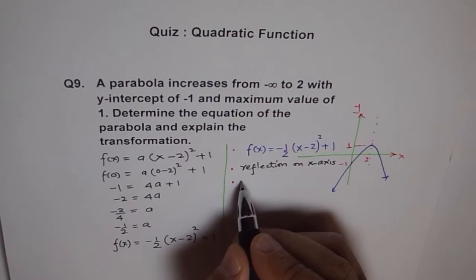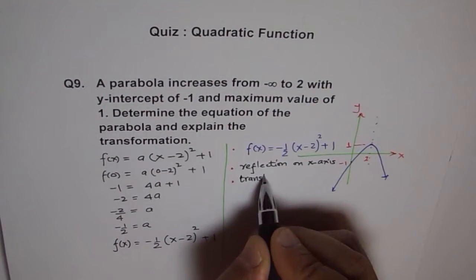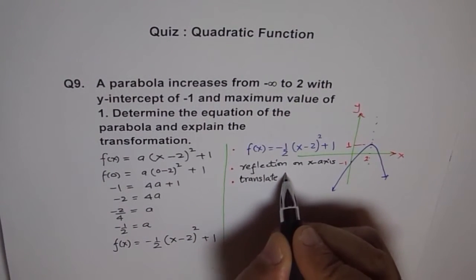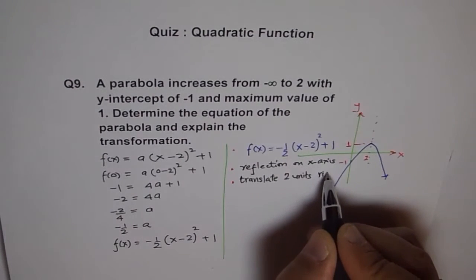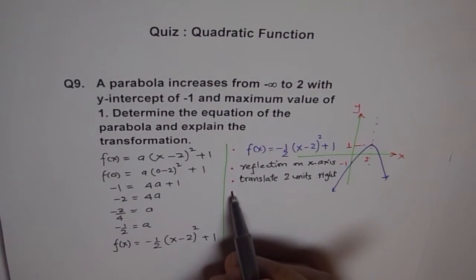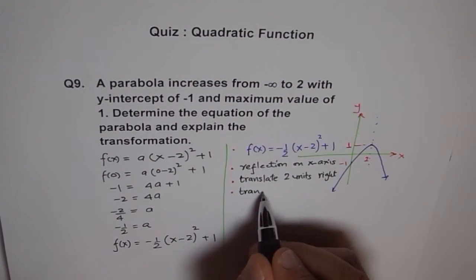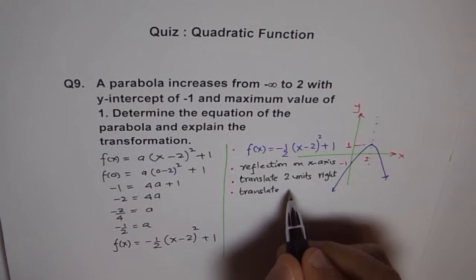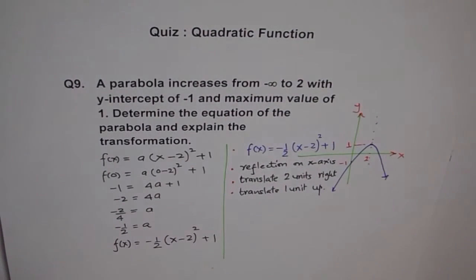So we translate 2 units right. The next one is plus 1, so we translate 1 unit up. That is the transformation.